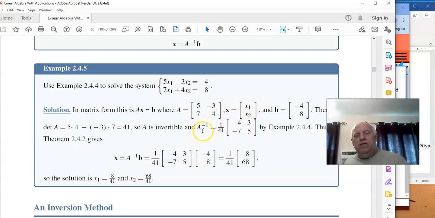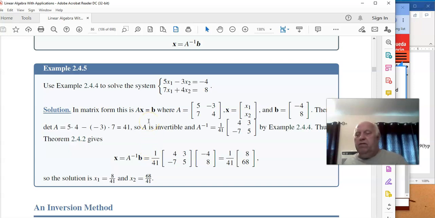Then the inverse of A, and I'm going to show you on Octave online how to find the inverse. It's real quick. So the inverse of A is some matrix, which they tell you what it is here. We'll do it on Octave. And so the solution to this system of equations is X equals A inverse times B. It's just like if you had a linear equation in algebra.